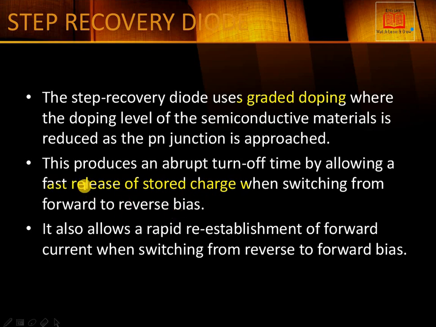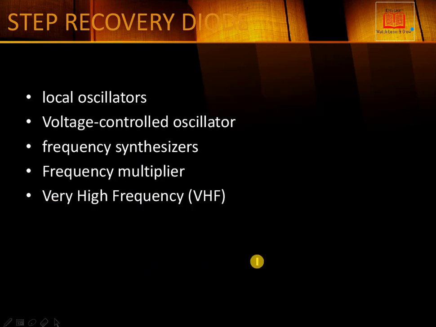In the step recovery diode, if they are released very fast and abruptly, the diode goes into the off state very fast. It also allows a rapid re-establishment of the forward current, which means the turn on time is also very small. So this diode can be used in tuning circuits, local oscillators, fast on-off switches, frequency synthesizers, frequency multipliers, and very high frequency applications, depending on the frequency.